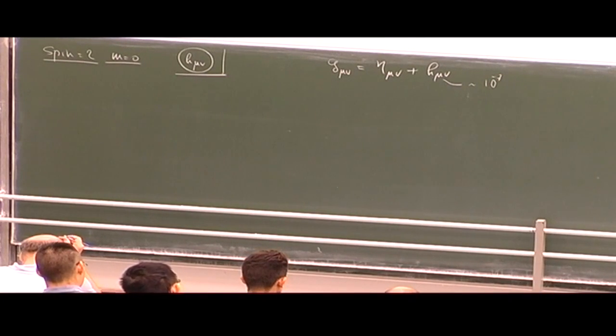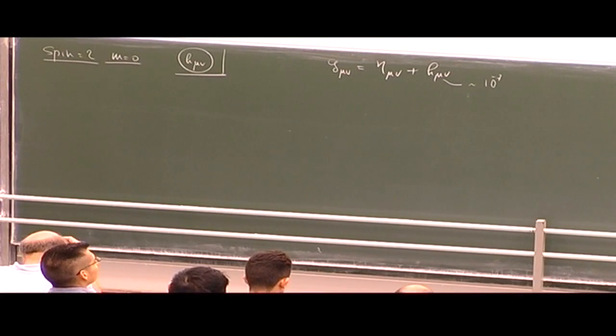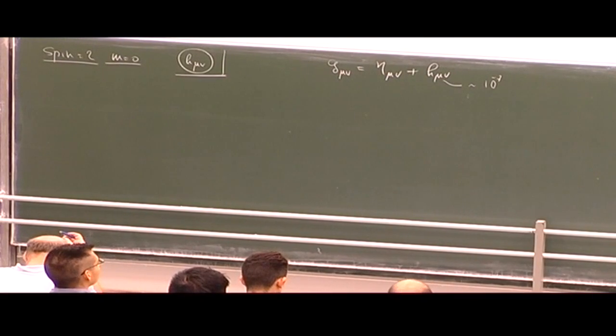Now, if Earth were a black hole or close to a black hole, then on its surface, where there would be a horizon, the deviation would become order 1. So this is one way to think about a strong gravitational field produced by a macroscopic black hole, let's say. It produces a deviation from the Minkowski metric which is order 1. Okay.